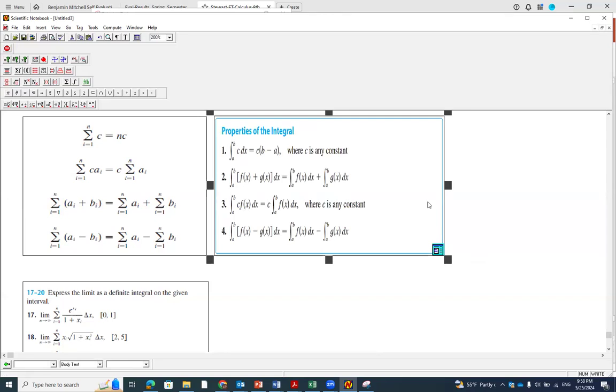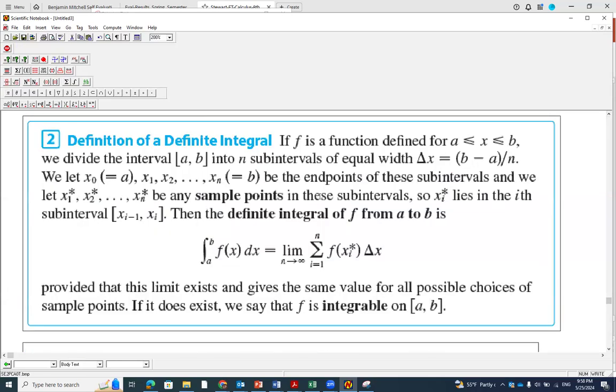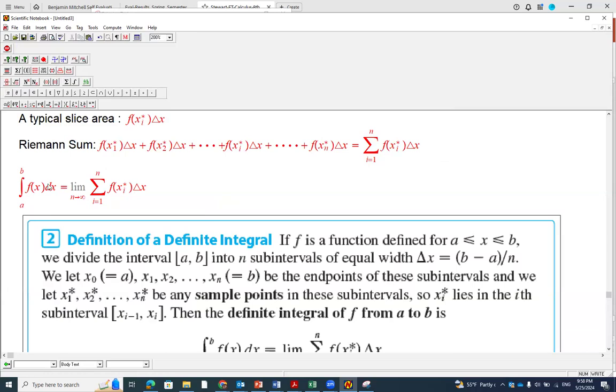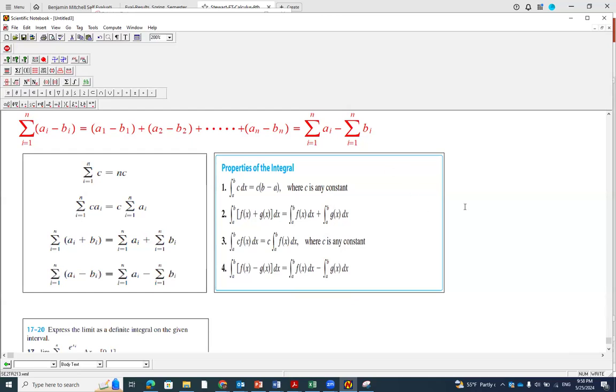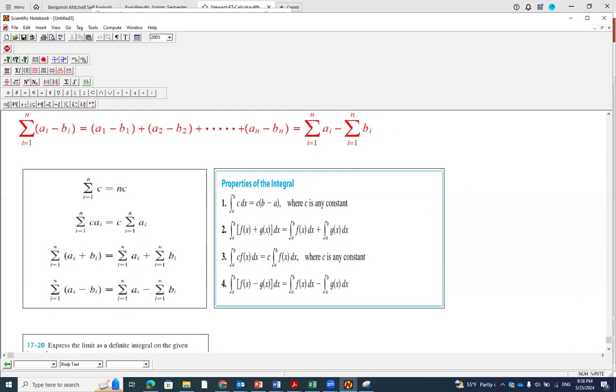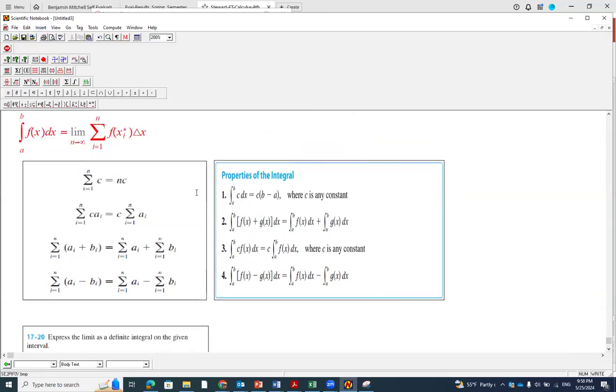You can see, because of this definition for definite integral, when we lay these two next to each other, it's really the summation notation that is being used to define the definite integral.